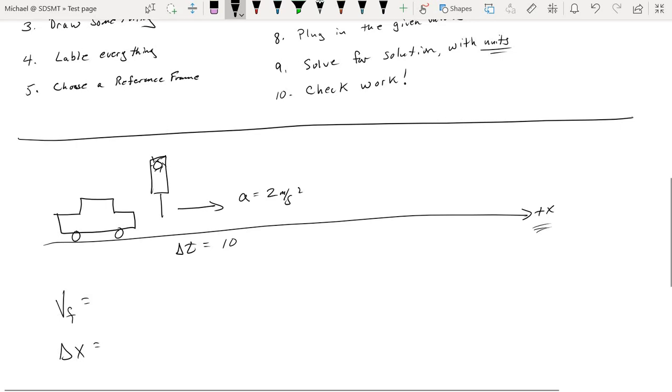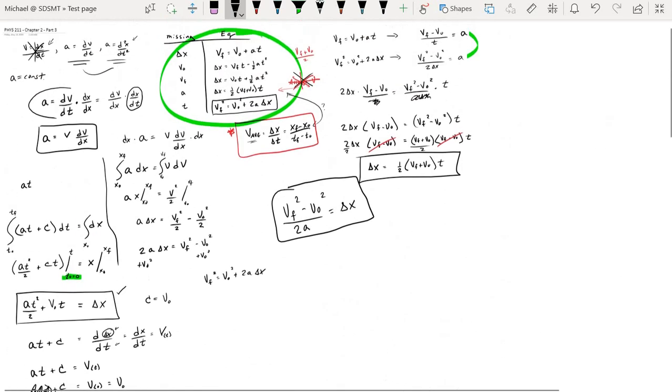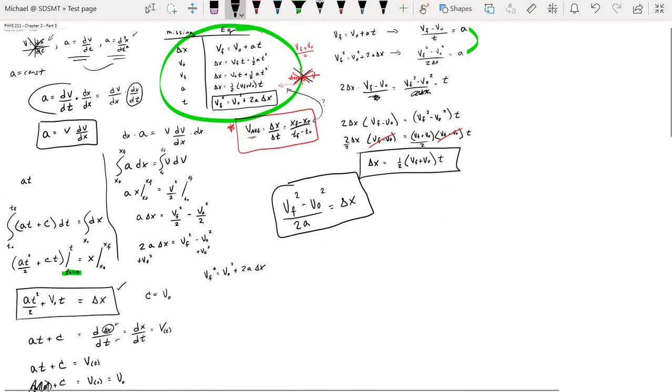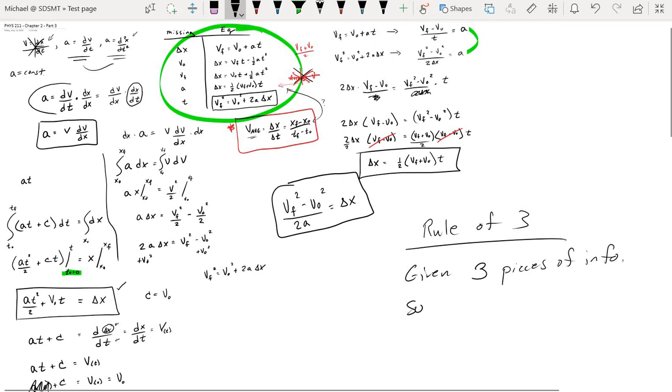Now, for the kinematics, we have a little something that I like to call the rule of 3. Given 3 pieces of information, you can solve for the other 2.